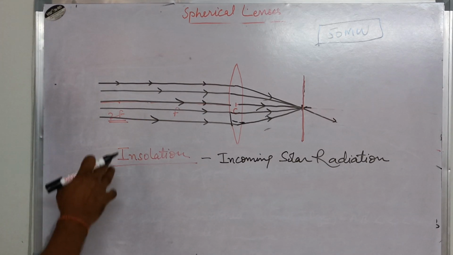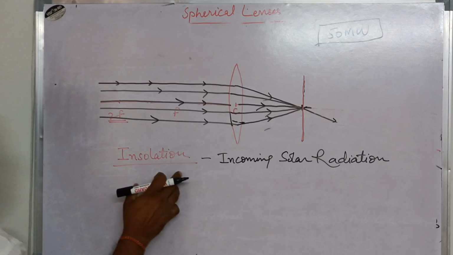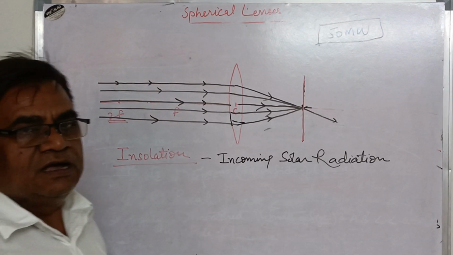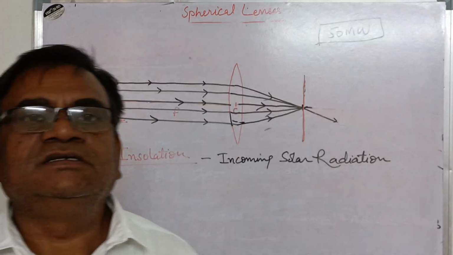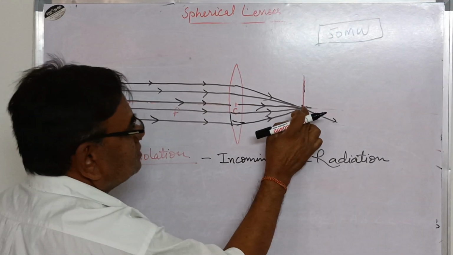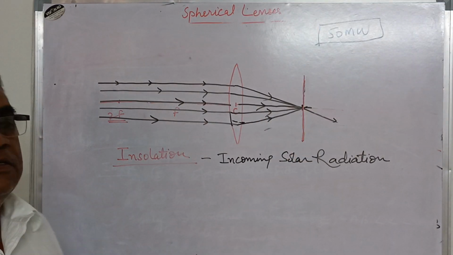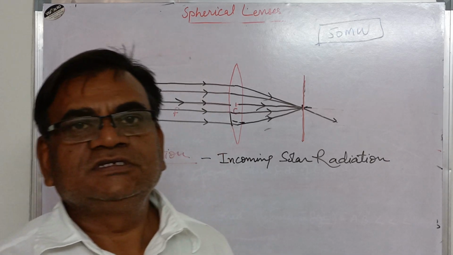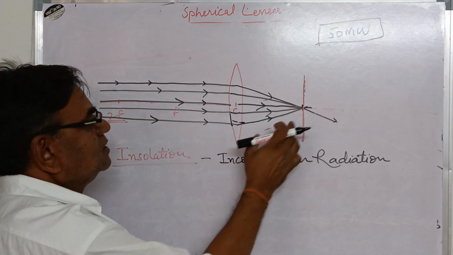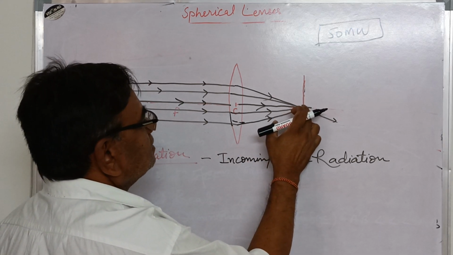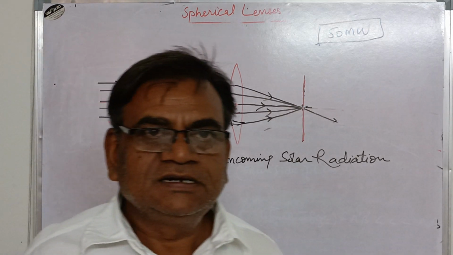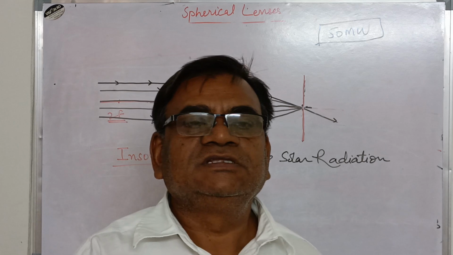So this insolation, these incoming solar radiations, have much energy, much heat. When these are all concentrated at some point, so much heat is generated at that point, because all the rays are coming and focusing at this point. So a lot of heat energy is generated, and that energy burns the paper.